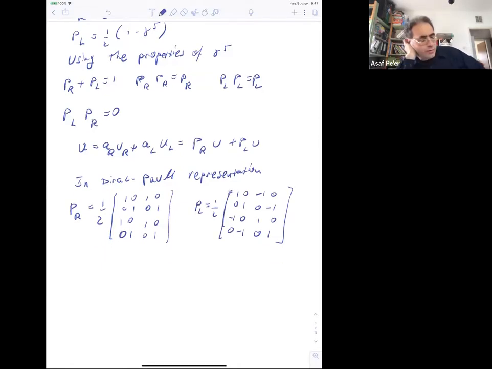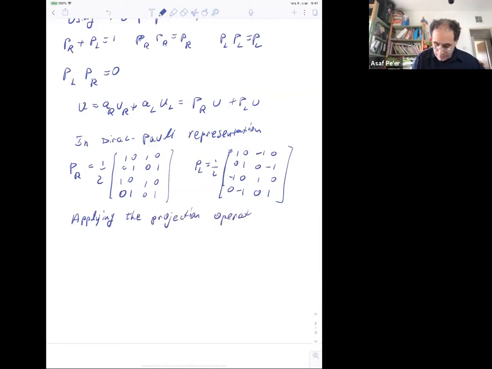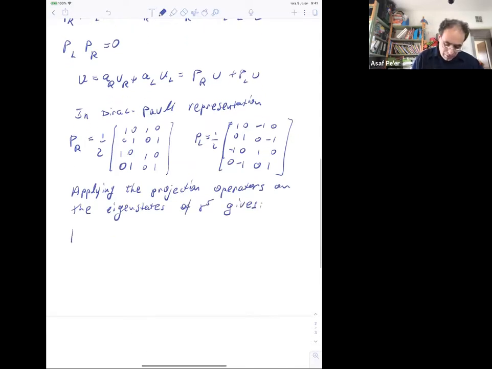And it's pretty straightforward to show the outcome of the operation of the projection operators on the eigenstates of gamma 5. So, applying the projection operators on the eigenstates of gamma 5, PR UR.